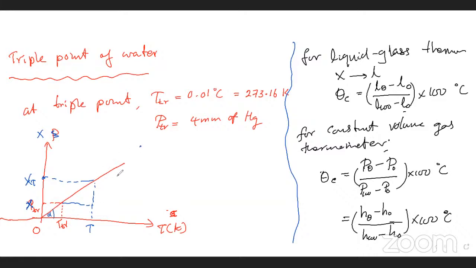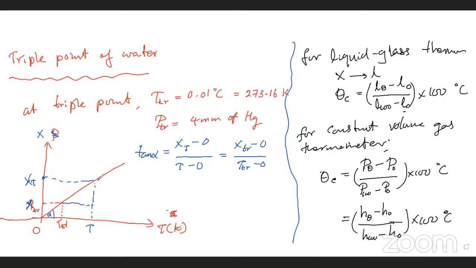Let's say this alpha, tan alpha you can write as the gradient of this graph. That is X_T minus 0 divided by T minus 0 equals X_TR minus 0 divided by T_TR, the triple point temperature, minus 0.